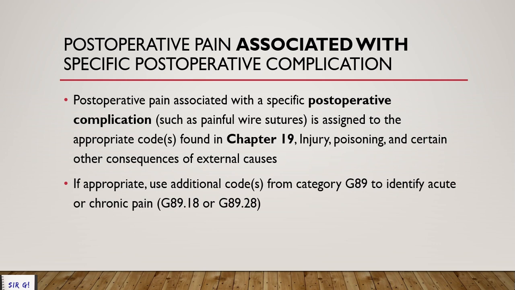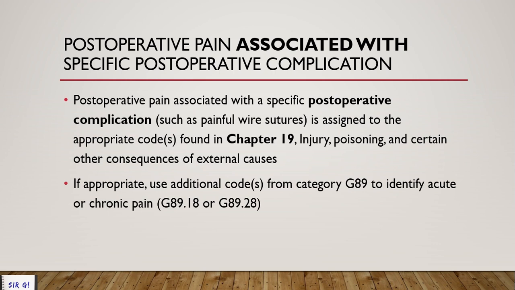now remember, in my previous video, every time you see a complication, if it's really a complication, you need to code the complication first. Your complication code, you can see in your chapter 19. It starts with the letter T. Okay, so post-op pain associated with a specific post-op complication, such as pain from wire sutures, is assigned to the appropriate code found in chapter 19.